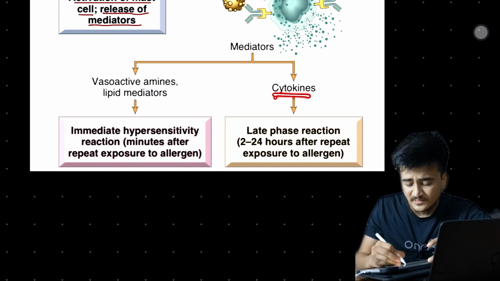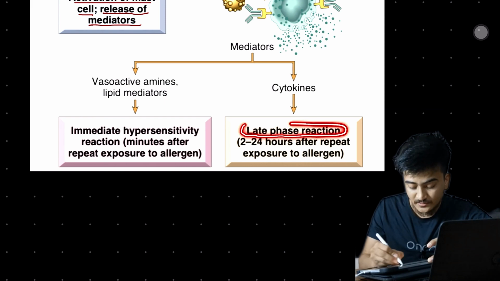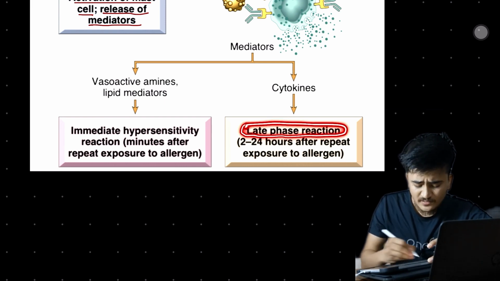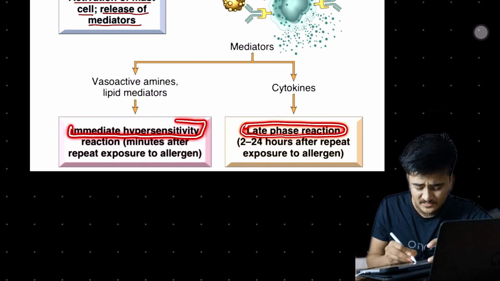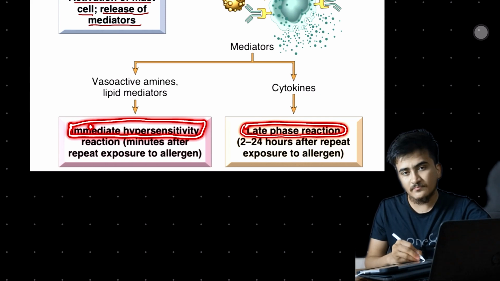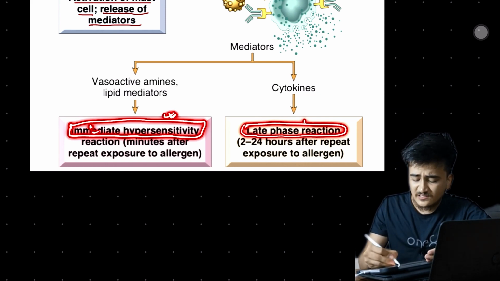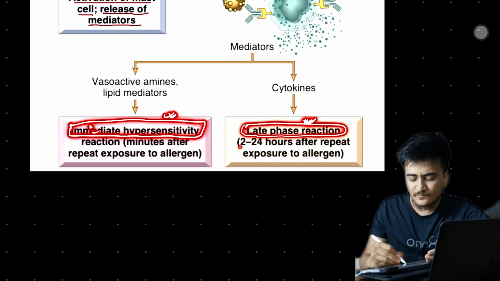And cytokines, what are they doing? They play a role in the late phase reaction. There are two types of reaction. One is the immediate hypersensitivity reaction, occurring just after repeated exposure to antigen. And the other is the late phase reaction that lasts for about 2 to 24 hours.